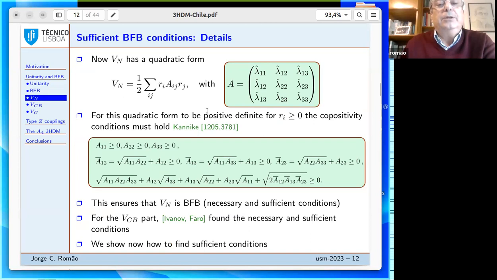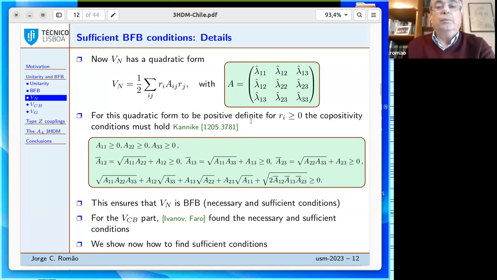It is well known that for this quadratic form to be positive for Ri bigger or equal to 0, you have to impose copositivity conditions, which, for instance, in the form proposed by Kaniké, can be written that way, where these Aij are the entries of this matrix.